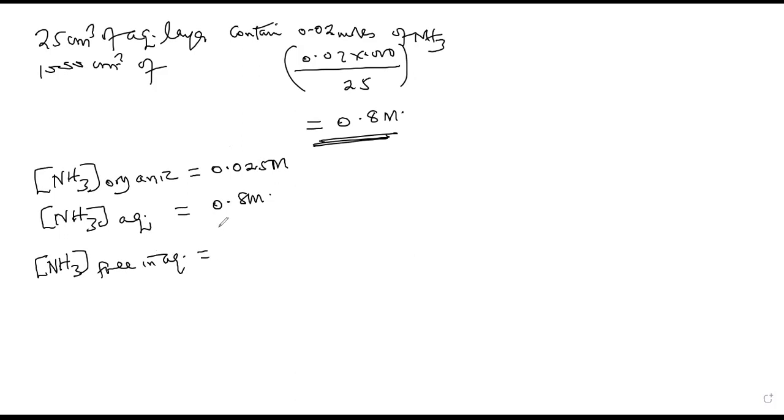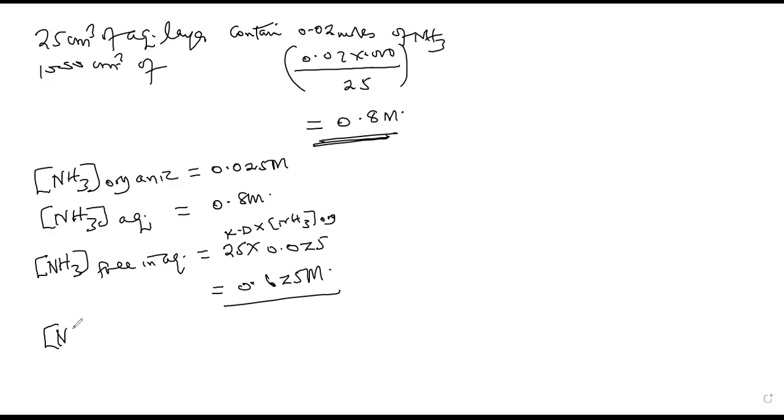Free ammonia in aqueous is equal to Kd, which is 25, times the concentration of ammonia in the organic layer. Better state the formula. So 25 times 0.025 gives us 0.625 molar. After getting the concentration of free ammonia in the aqueous layer, we can get the concentration of complexed ammonia.